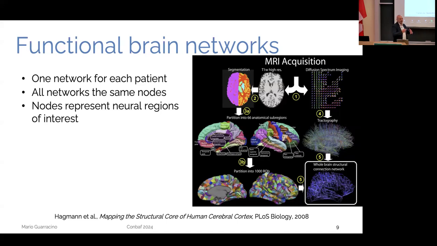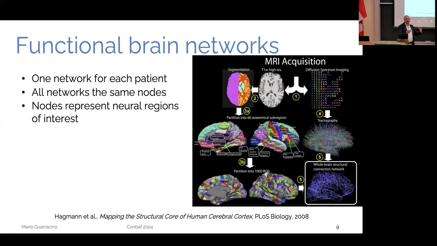So we want to understand how the different parts of the brain cooperate with respect to some tasks. Maybe we are showing some image to the patient, or we want, for example, to distinguish patients that have some neurodegenerative disease from patients that are healthy.